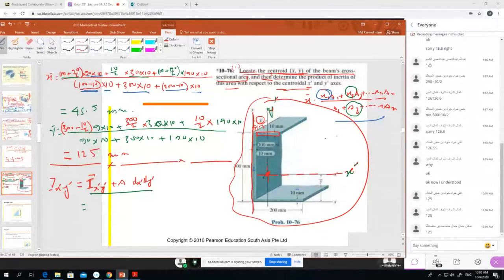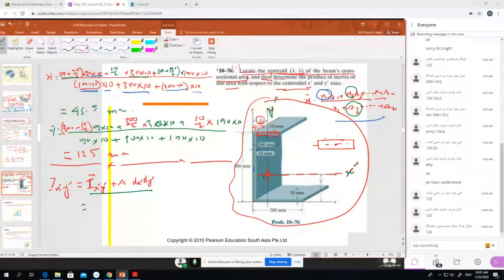Okay, first I tell you. This is the section, and the center is somewhere here. I draw it here, it will be clearer.